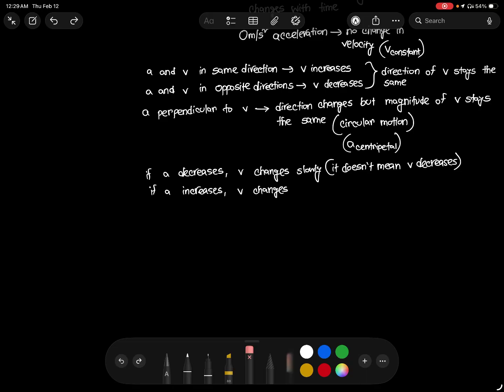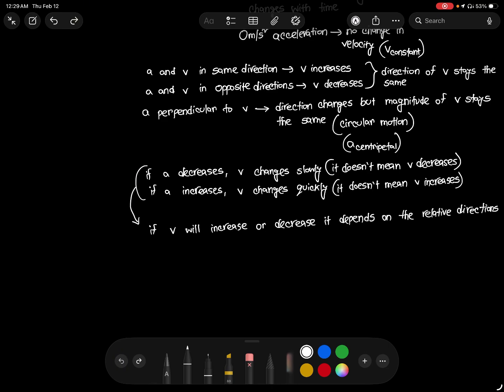And if acceleration increases, this doesn't mean velocity increases. The velocity will change. Of course, if there is an acceleration, there will be some change in velocity. But if acceleration increases, this doesn't necessarily mean that the velocity will increase. It means the velocity will change, but very quickly.